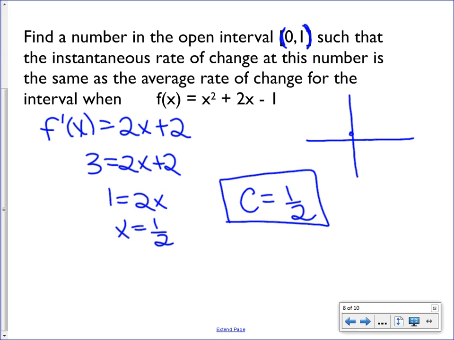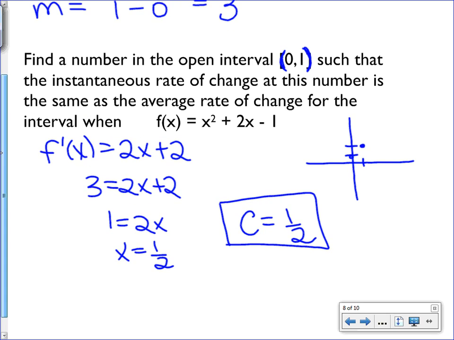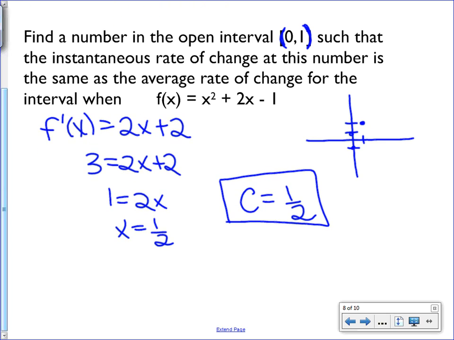Oh, no, 0, -1 and 1, 2. Okay, so it should go bigger. At 1/2, there's our tangent line parallel to our secant line. Okay, horrible picture, but we get the idea.